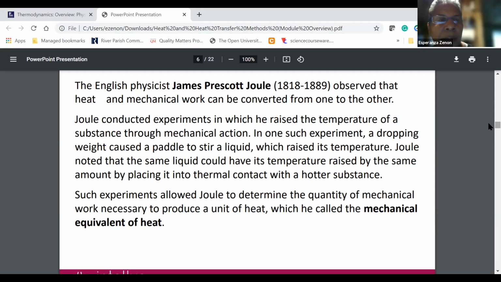You might think back and remember that the unit for work is joules, the unit for energy is joules, and now the unit for heat is joules. And so that's why I said you have to remember the idea that work, heat, and energy are all interchangeable and related.